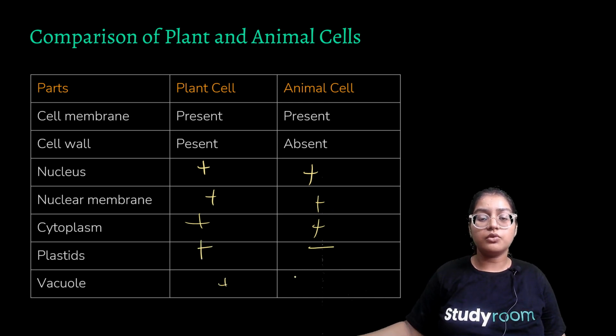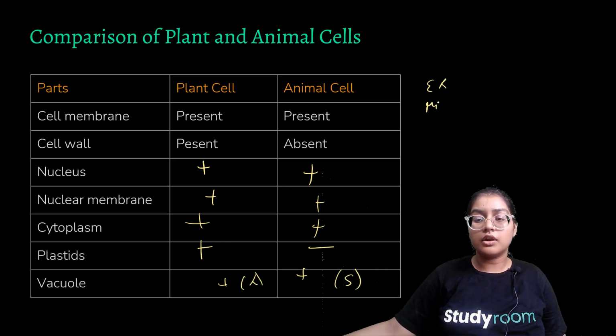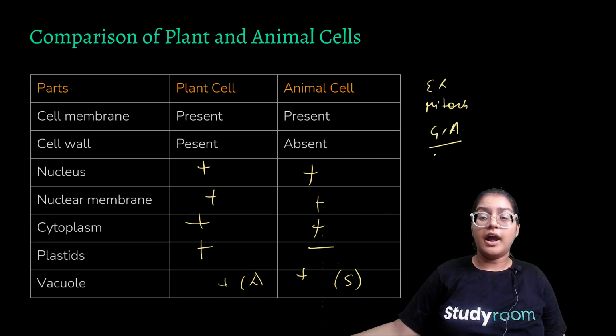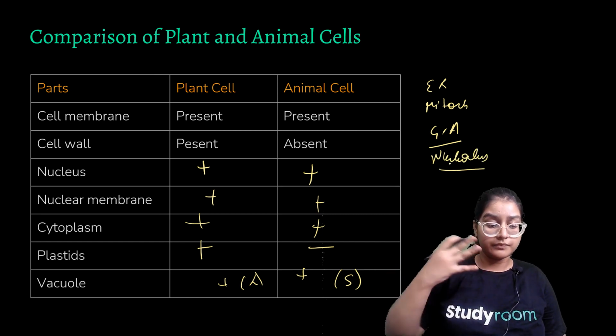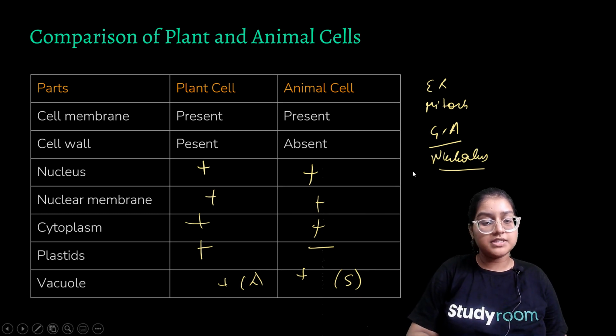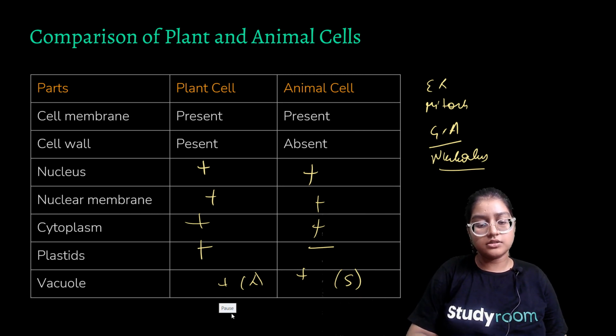Vacuoles are present in both, but plants have large ones and animals have small ones. We can also add ER, mitochondria, Golgi apparatus, and nucleolus. So there are very different categories of cell organelles present in different organisms.